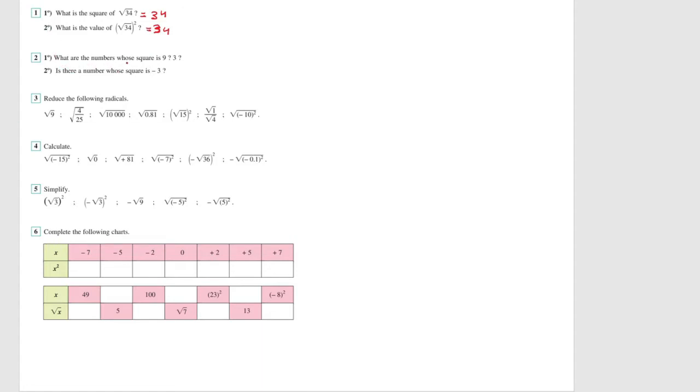what are the numbers whose square is 9? That is, what is the number that when you square it you get 9? He is asking me what are the numbers. We took before, just a remark here, that 3 squared equals 9 and negative 3 squared also equals 9.